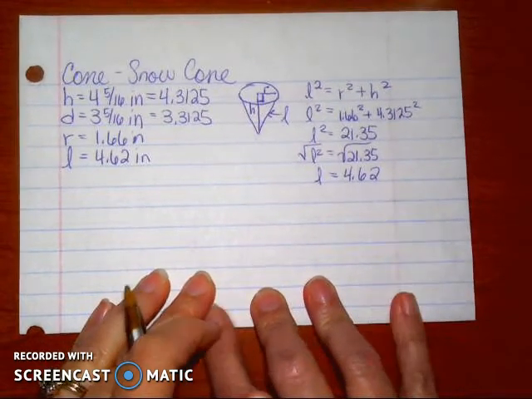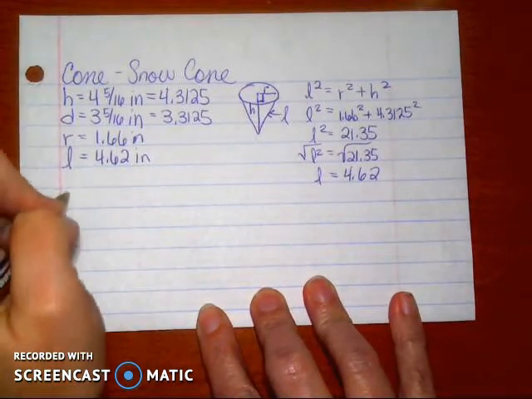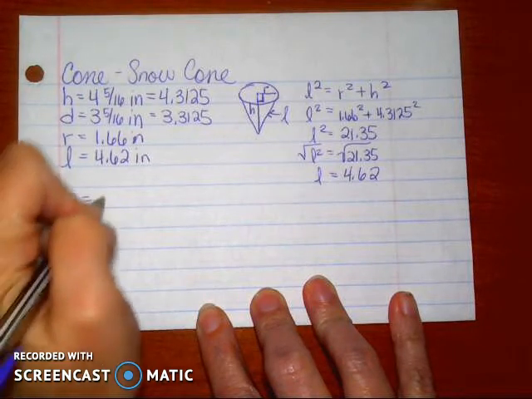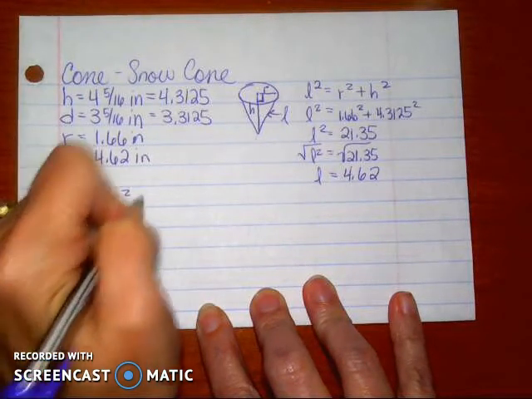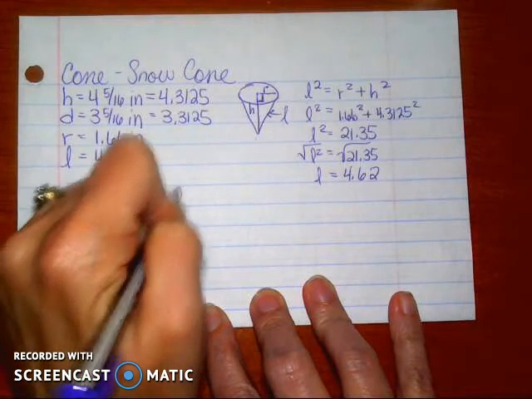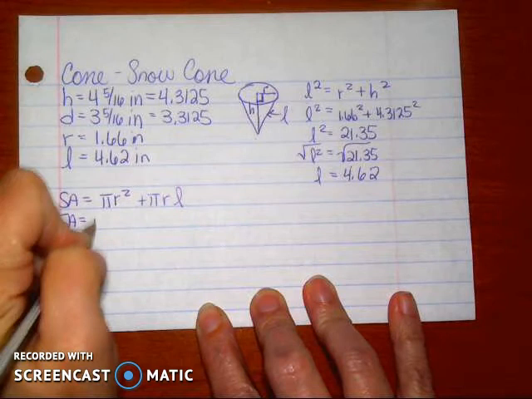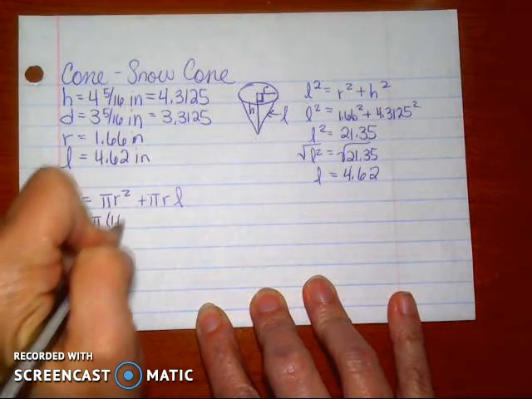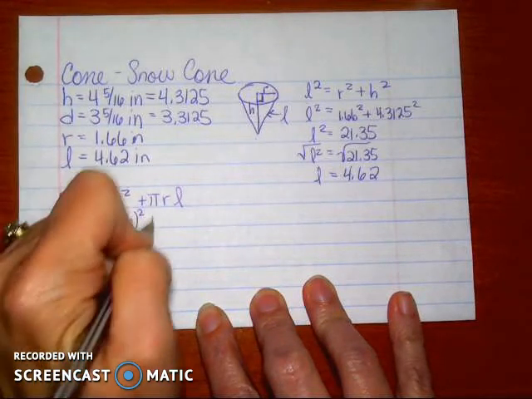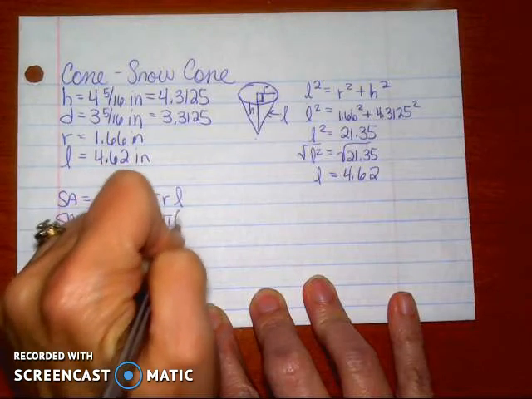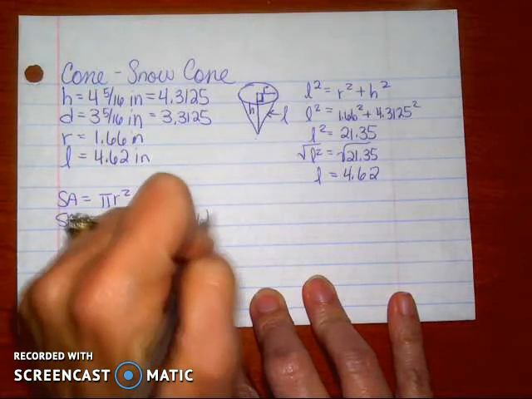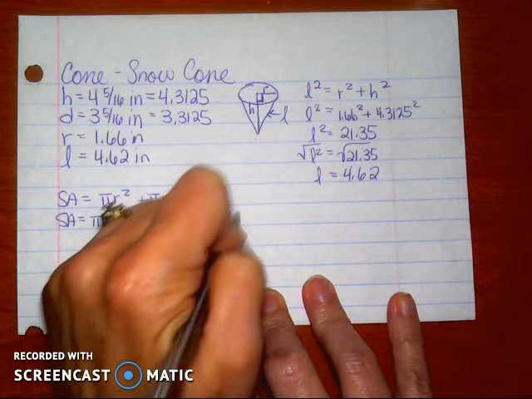Now I'm ready to calculate my surface area and volume. So my surface area is going to be pi r squared plus pi r L. And that's going to be pi times 1.66 squared, I'm substituting in, plus pi times 1.66 times 4.62.